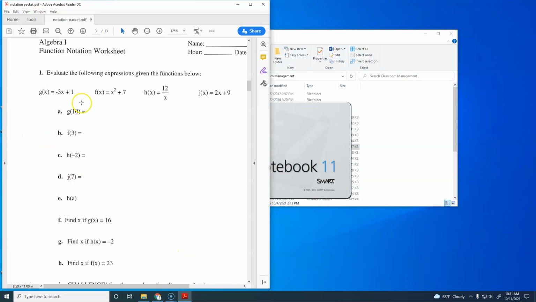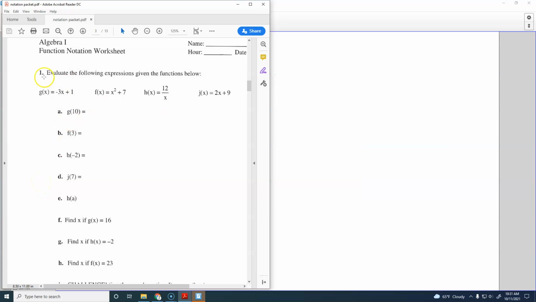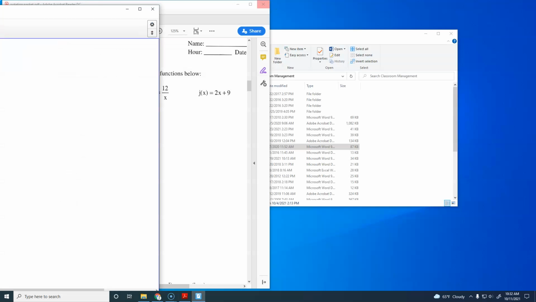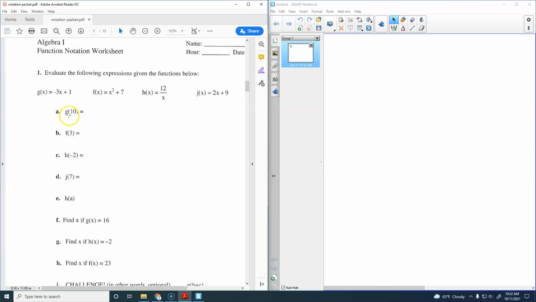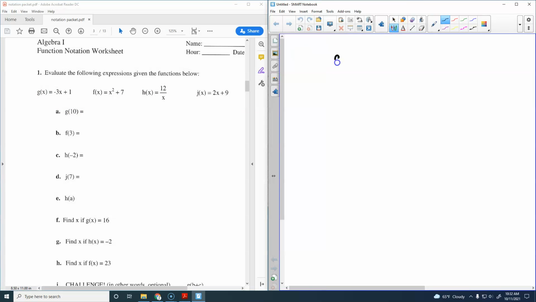All right, so some of this next page is pretty simple. You're just plugging in numbers, right? So for A, you would just find g and plug in 10. So for 1A, you would just have g of 10.